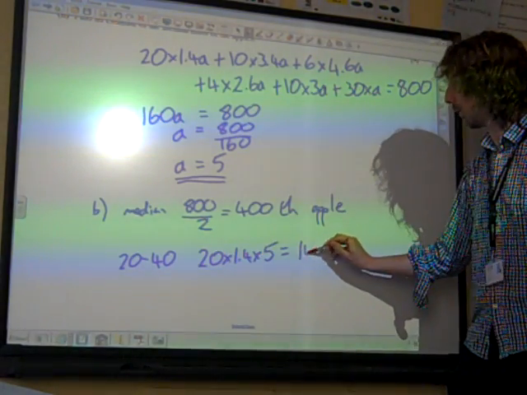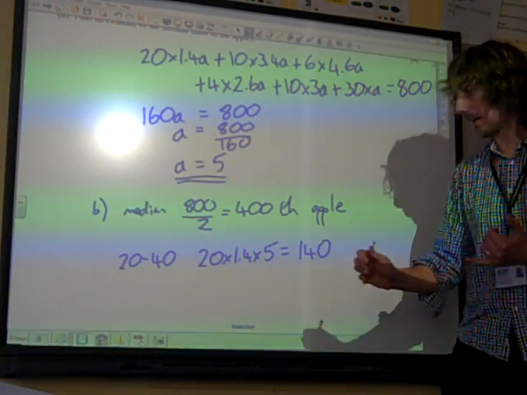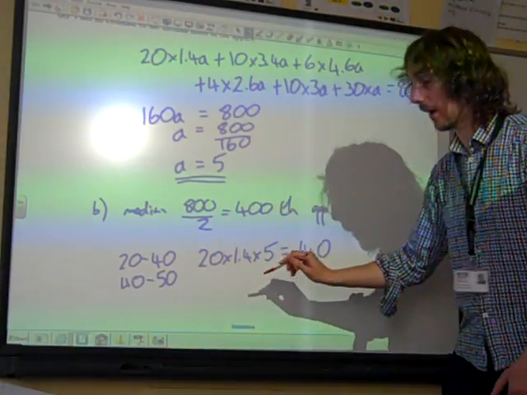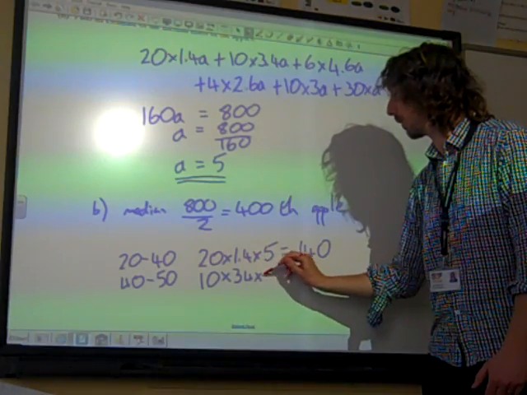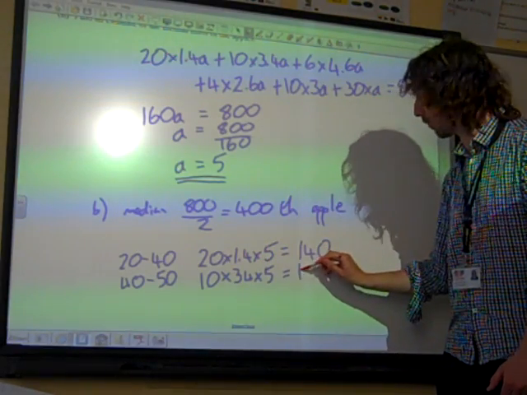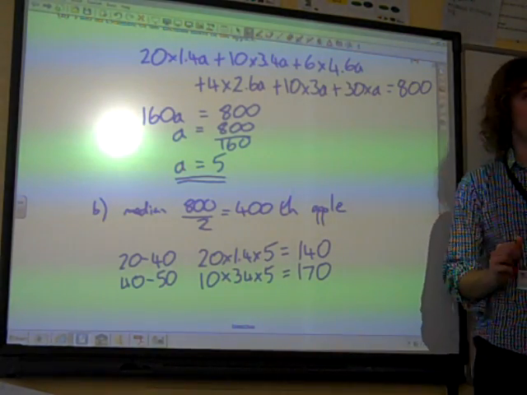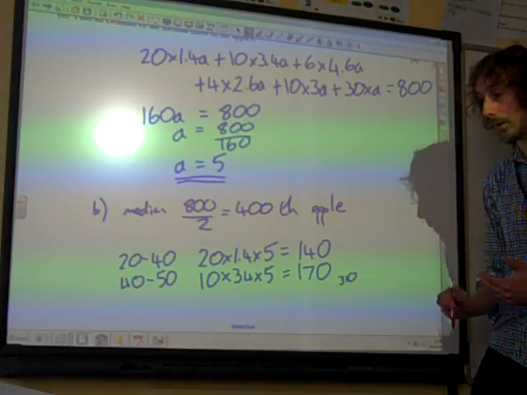And that is 140. So that first class represented 140 apples. The second class, which was 40 to 50, that represented 10 by 3.4 by 5. So that was 170 apples. That takes us to 310 apples so far.